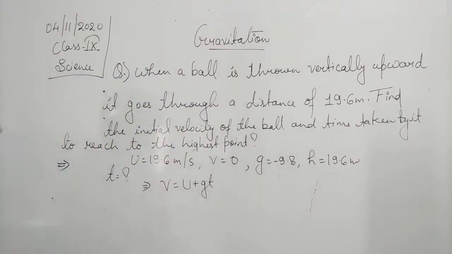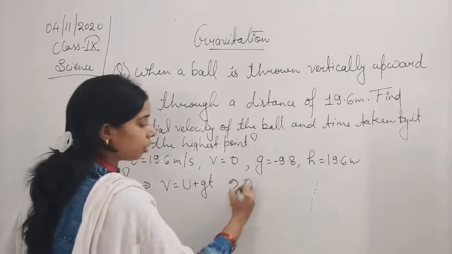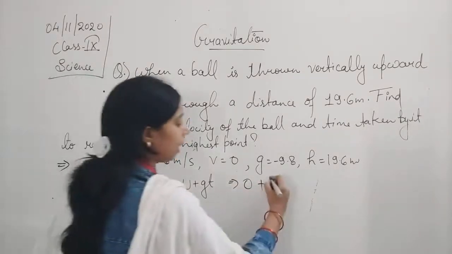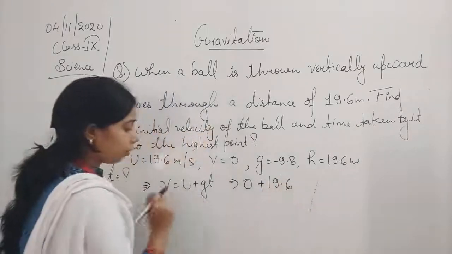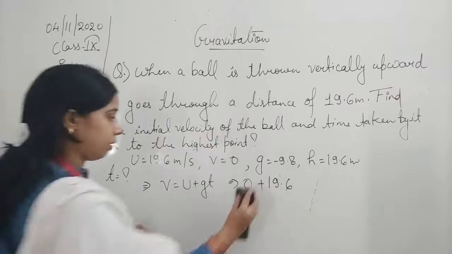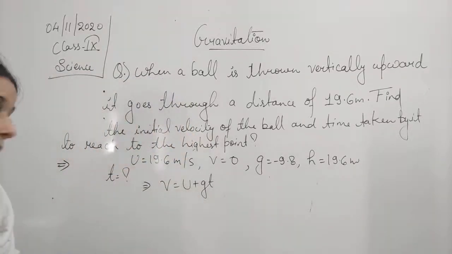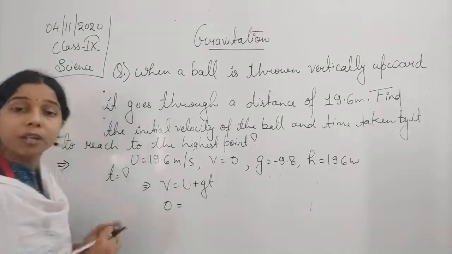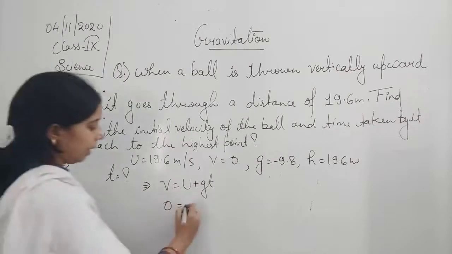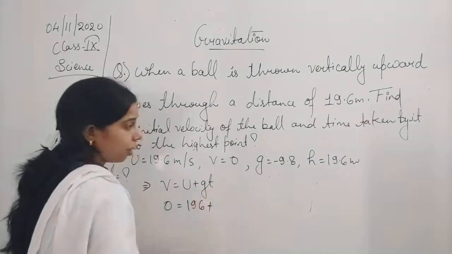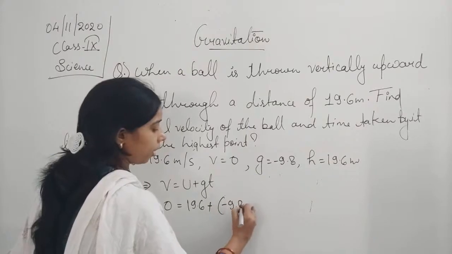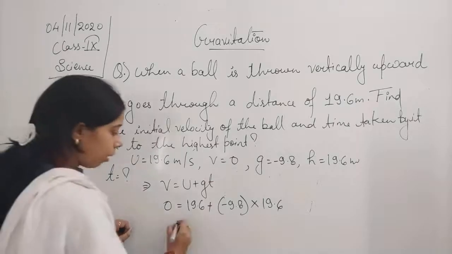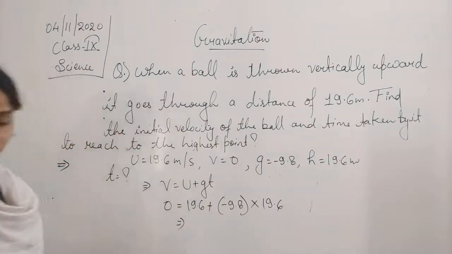So you see students, the value of v is equal to 0, that is equal to the value of u, which is 19.6, plus g which is minus 9.8, into t.